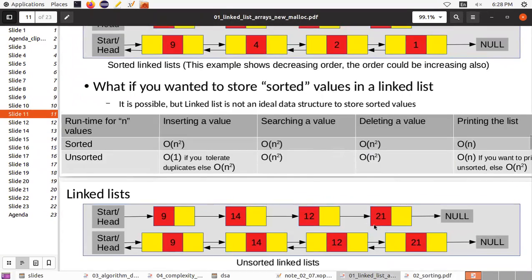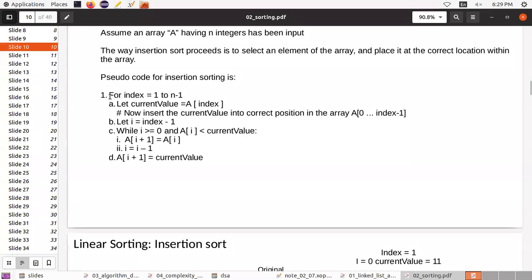So we discussed the amount of time that it takes to access a particular value: order of n. If you want to access the nth element of a linked list, you have to go through all the elements from 0 to n minus 1, and then you get to the nth element. So yes, you can implement this particular for loop and while loop using a linked list. But in reality, it's going to be very expensive. So in theory it is possible, but in practice it will take a long time.